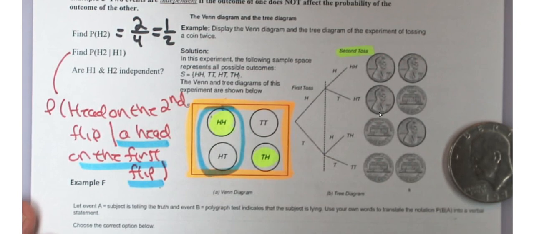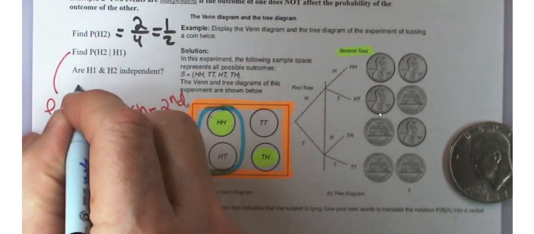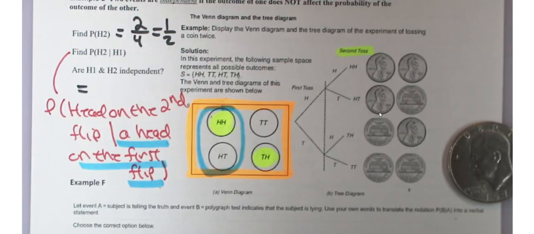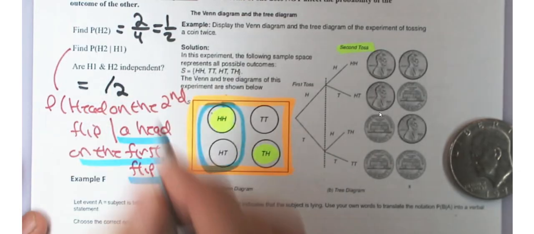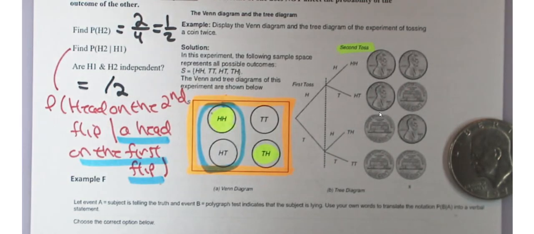Well, that's our new sample space. How many events are there in this sample space? Rukiah? 2. So 2 events. How many of them have a head on the second flip? 1. Just 1, right?